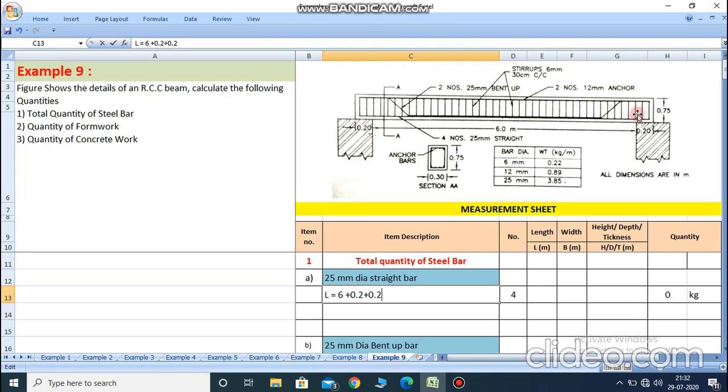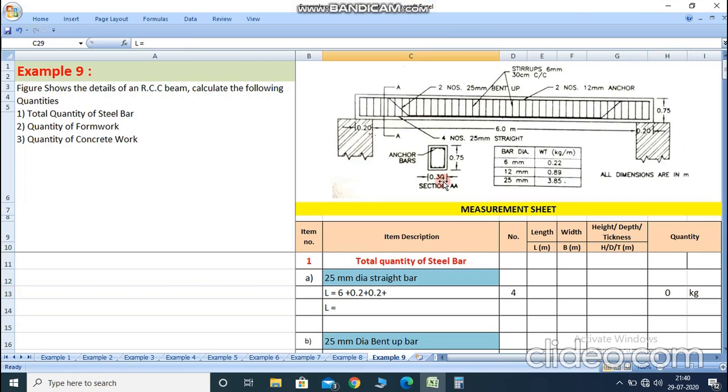Here the cover dimension is not given, so we take the cover thickness as 2.5 centimeter. So now first we add the hooks on both sides.